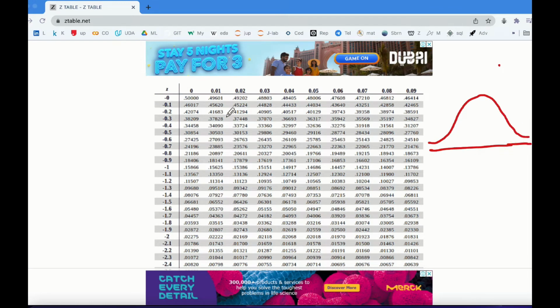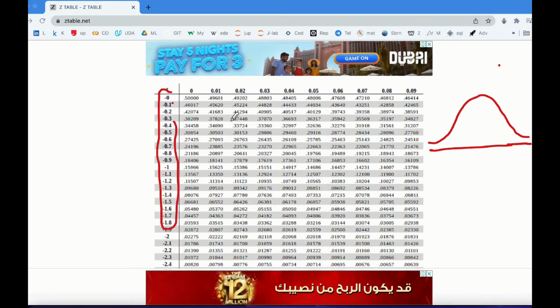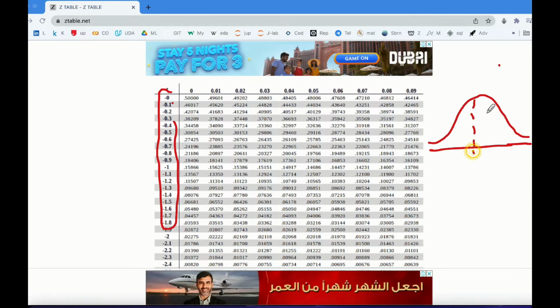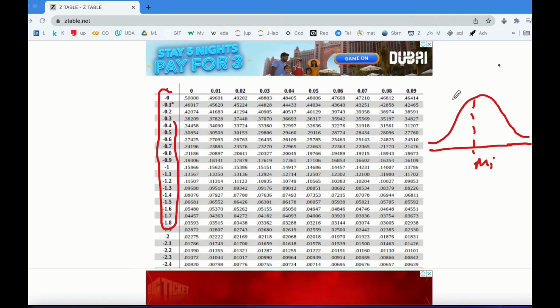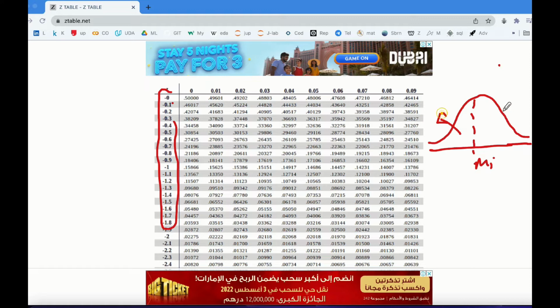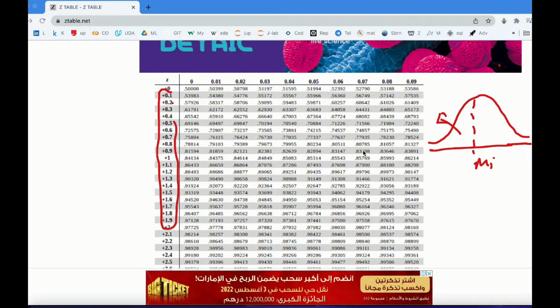Suppose you have made a mistake in the negative sign. I mean to say that when z is negative, the area is from the left edge up to this point, suppose this is the middle point. And when z is positive, you get the area from this side, but all the area will start from the left edge.